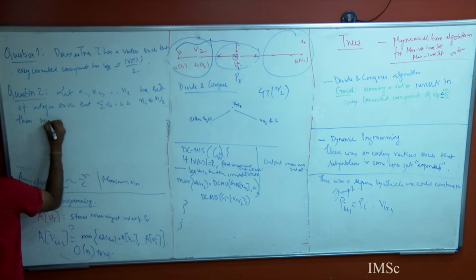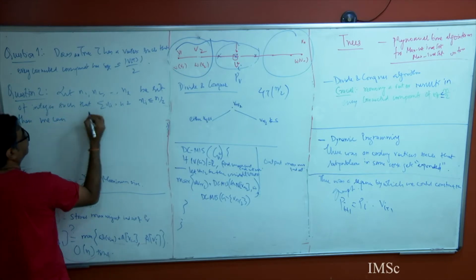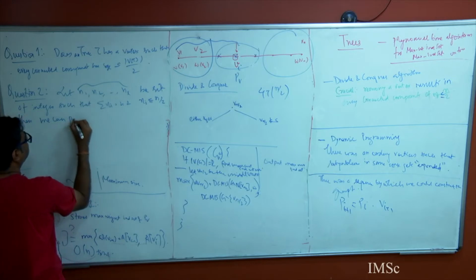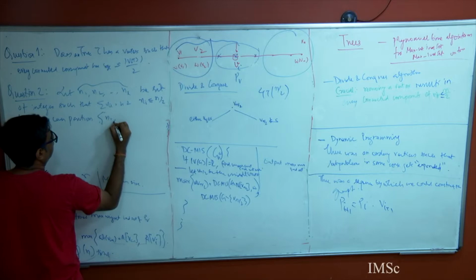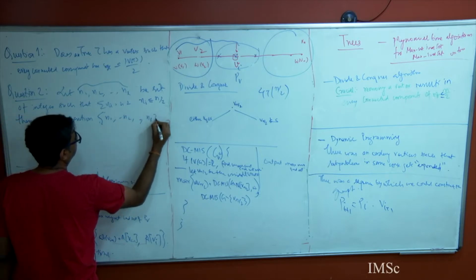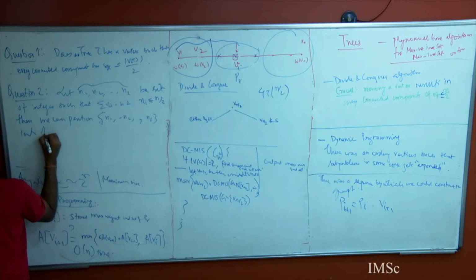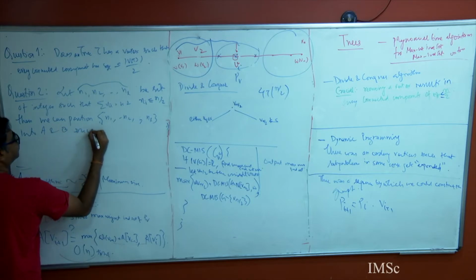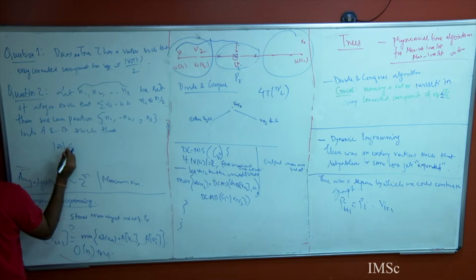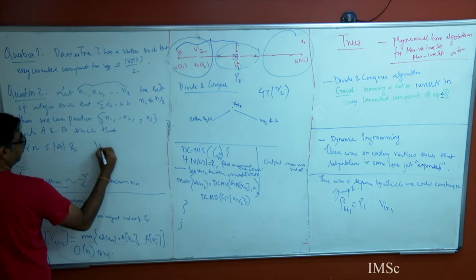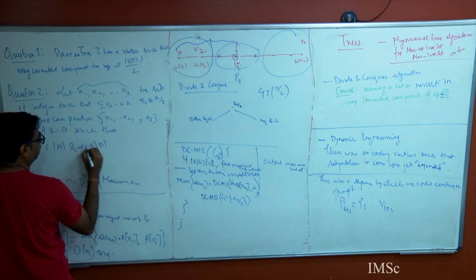Then we can partition n1, n2, ..., nl into A and B such that |A| is at least some alpha n, and |B| is at least some alpha n.